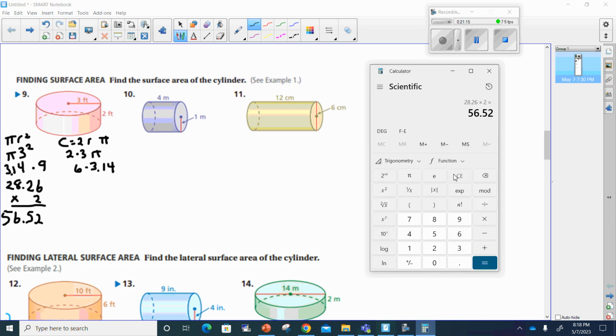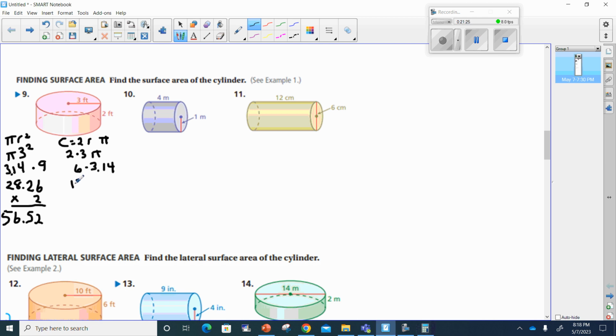So we're going to take 3.14 times 6. That's going to equal 18.84. Now we know what the length is, we're going to have to multiply this by the width, which is 2, to find the area of a rectangle.